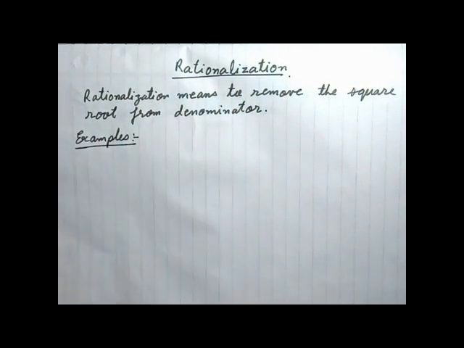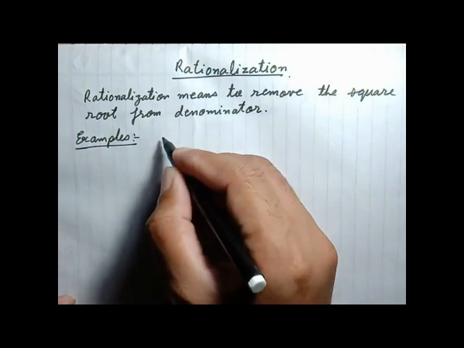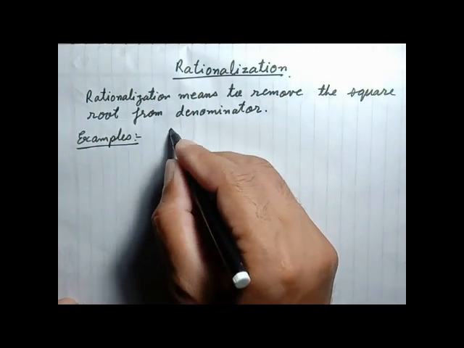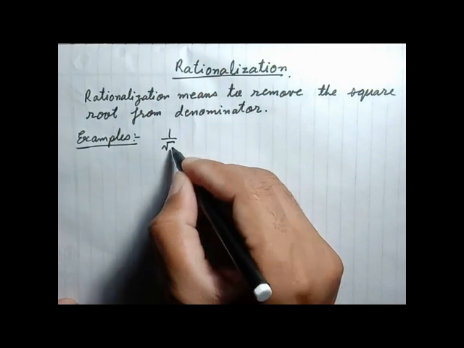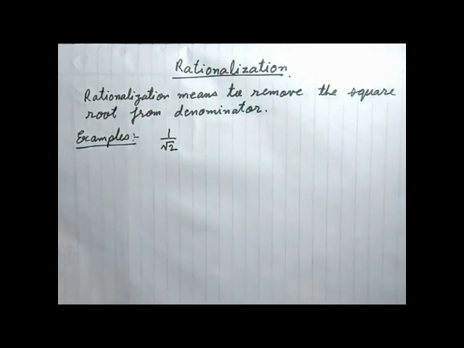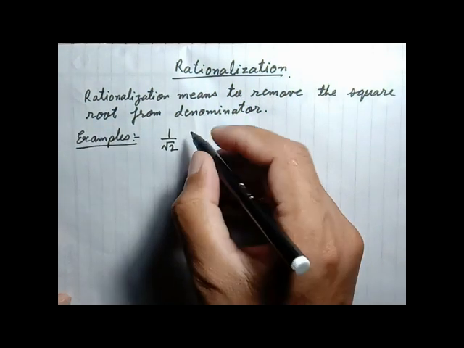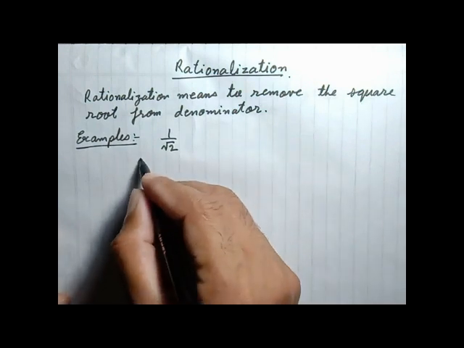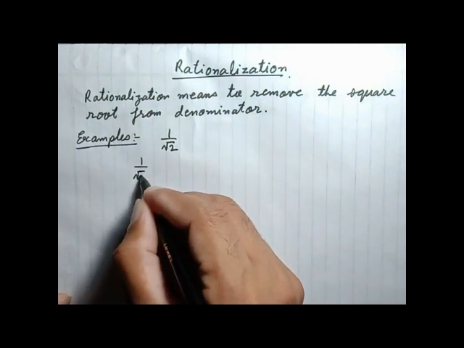So our first example is 1 upon under root 2. So now we have to rationalize 1 upon under root 2. So how will we rationalize? We have to multiply our numerator by root 2 and also the denominator by root 2.